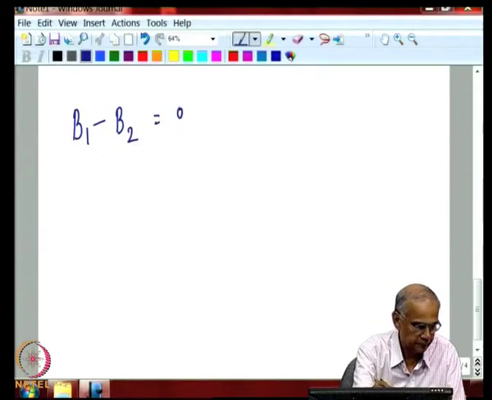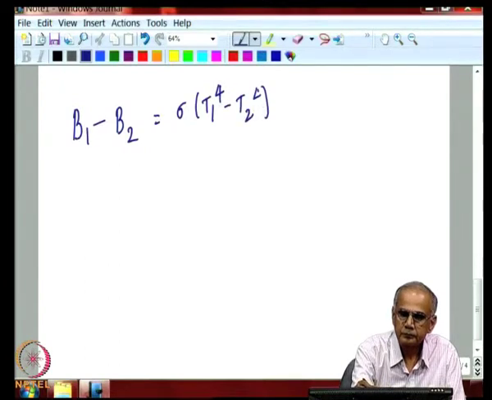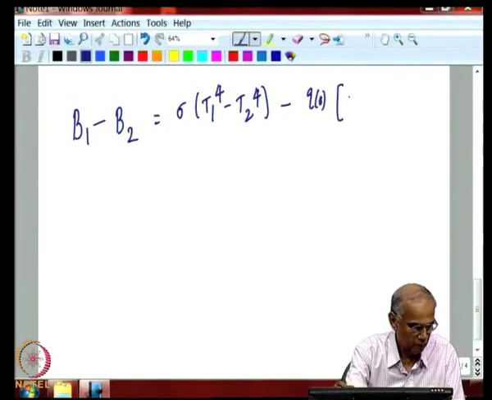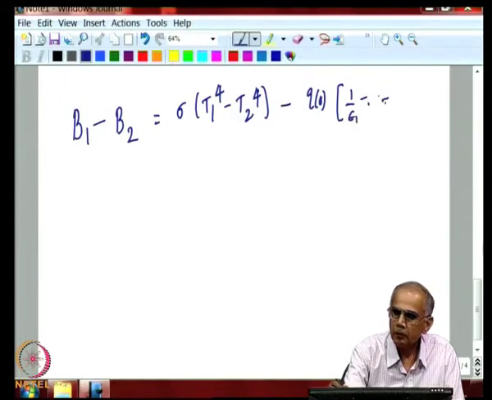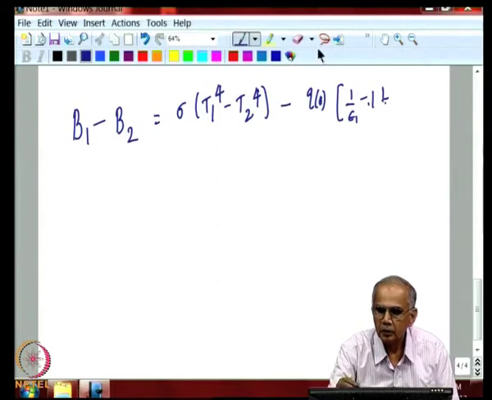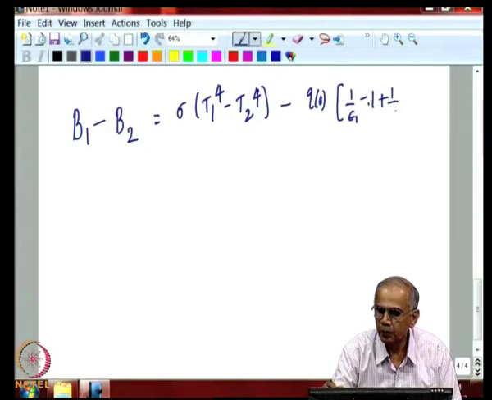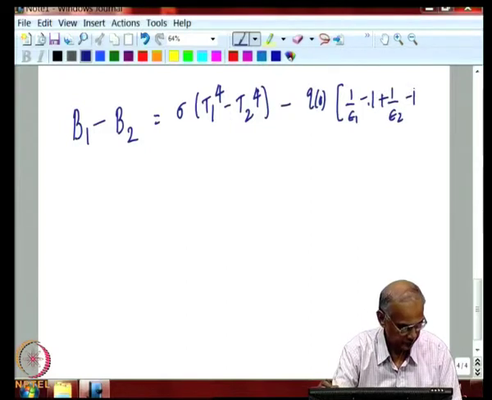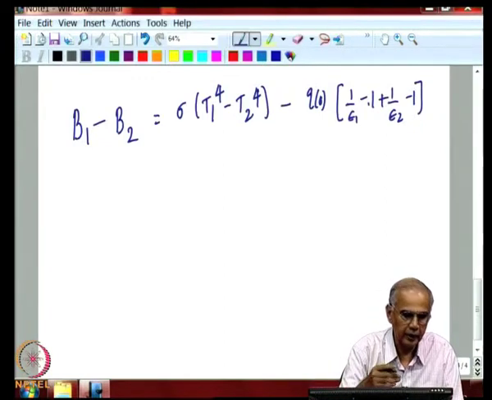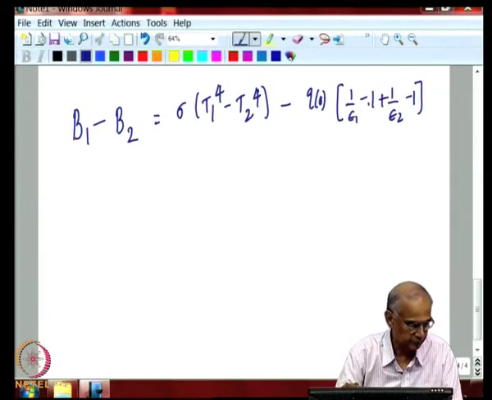And this comes out as plus 1 by epsilon 2 minus 1. Now, here we use the fact that under radiative equilibrium Q of 0 is Q of kappa 0.